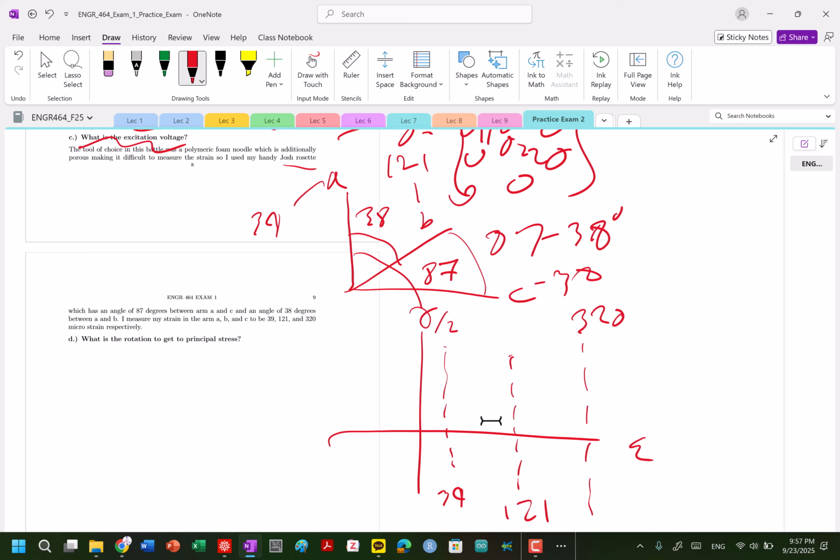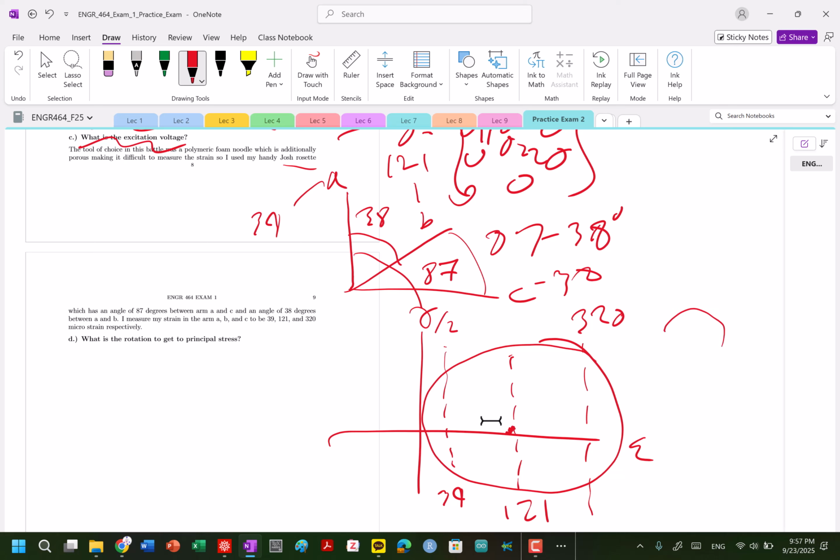So we have to decide where we want to define our origin from. We know that the circle is going to encompass this. I want to move ideally counterclockwise.